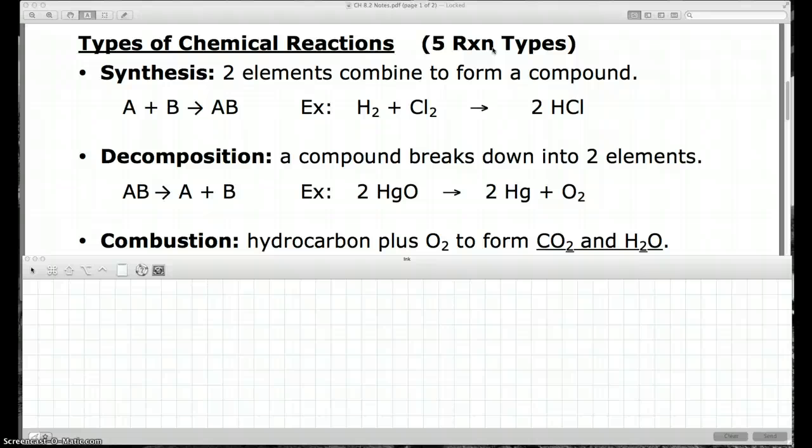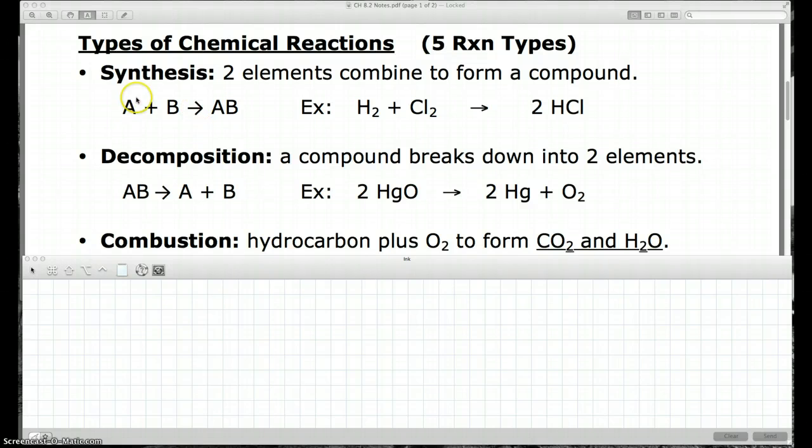So there are 5 types of reactions that we're going to talk about in this unit. There are more, but these are the 5 we're going to focus on. First one is synthesis. Synthesis is a fancy word for taking simple things and combining them. So in this case, we are taking 2 elements and combining them to form a compound.